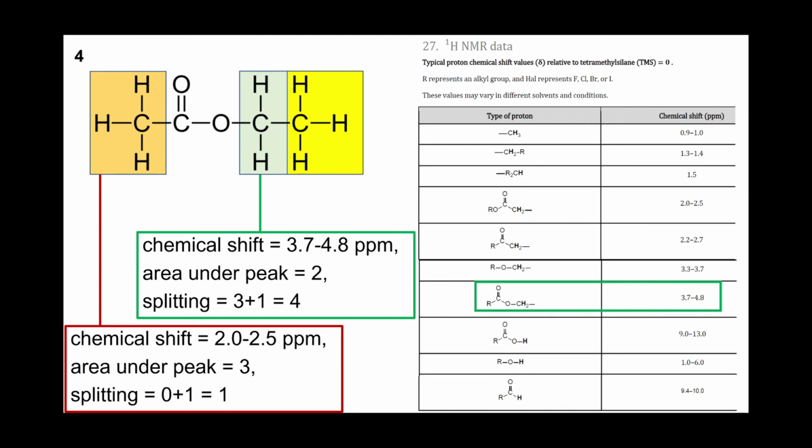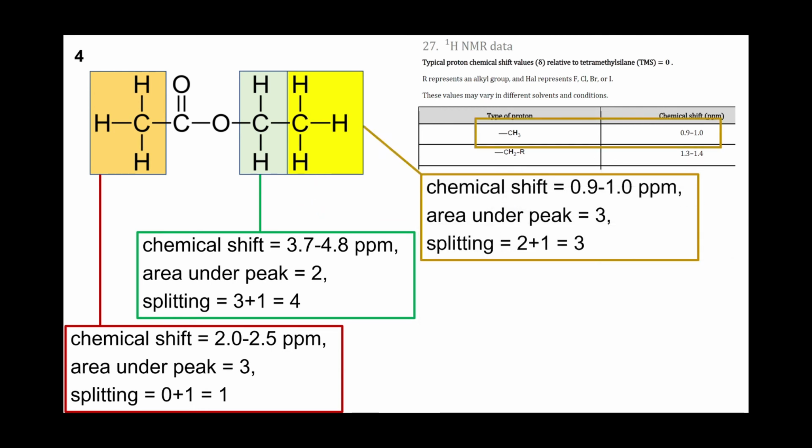For the next hydrogens, there should be a peak at 3.7 to 4.8 ppm with an area of 2 and the quartet splitting. And for the last hydrogens, 0.9 to 1 ppm with an area of 3 and a triplet splitting.